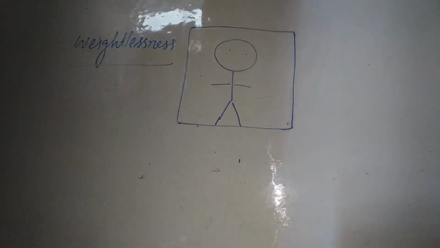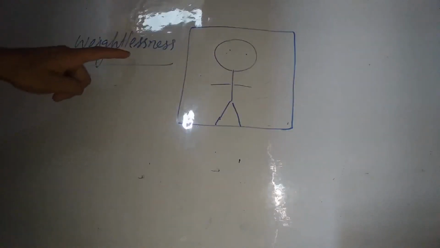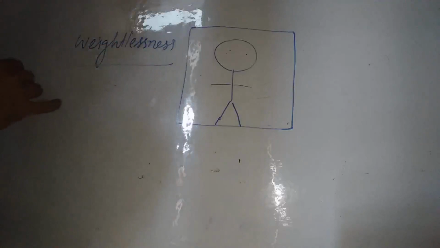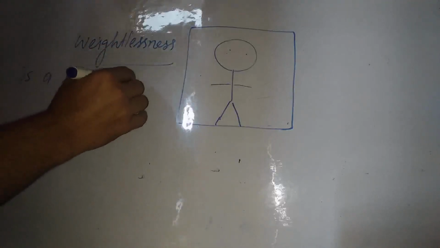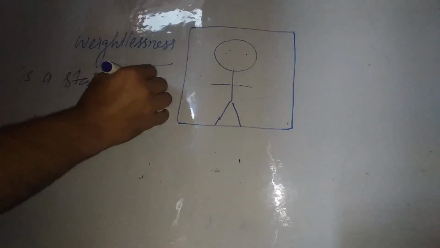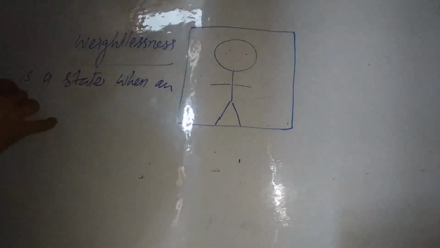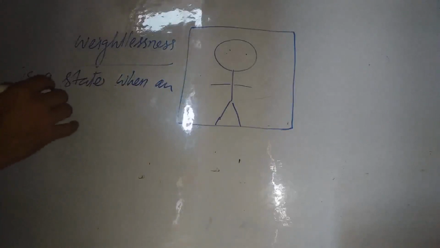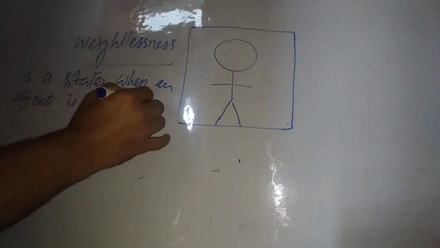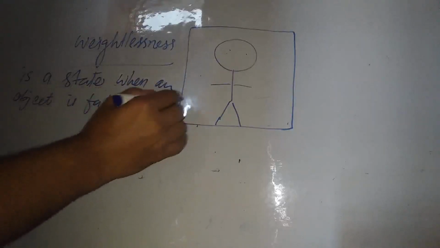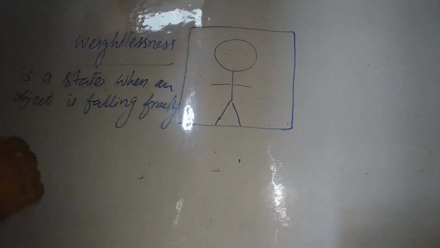So we can say that weightlessness is a state when an object is falling freely under the action of gravity.